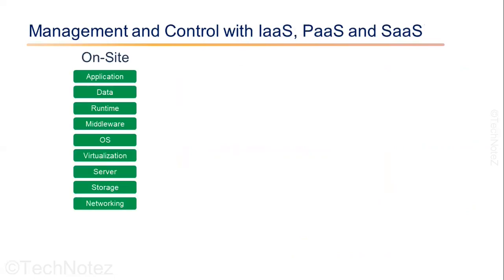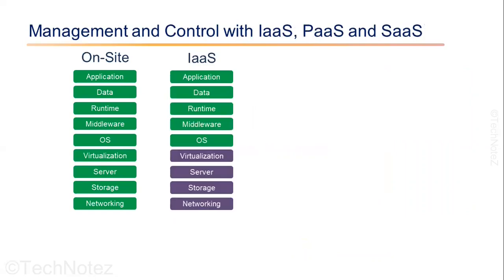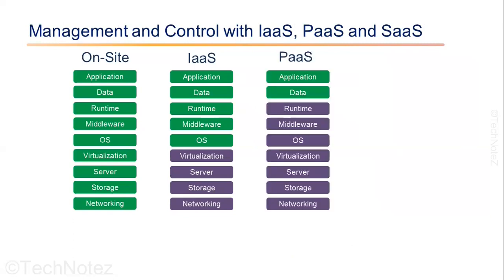On-site is having all your resources in your full control and managing everything on your own, like your private data center. You can use infrastructure as a service if you need full control on the infrastructure. This model helps the organization change the hardware and software easily if your business requirements change. Platform as a service is useful for companies developing, running, and managing application interfaces but don't want to manage the infrastructure.